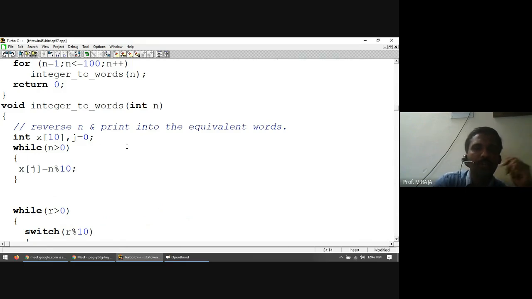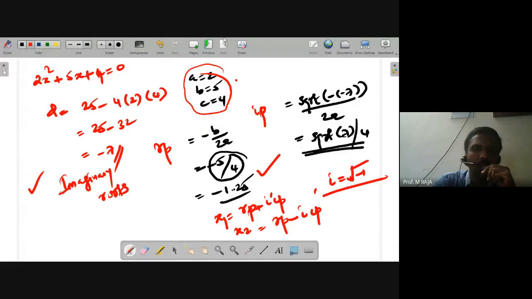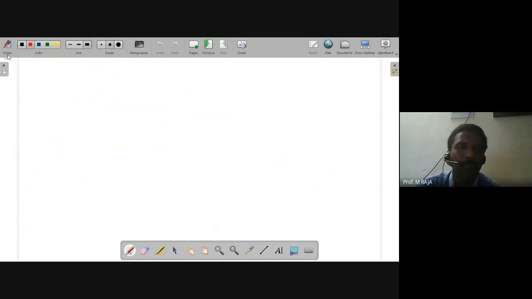Suppose n is 123. 123 mod 10, 3 is extracted, and we are storing this into the zeroth location in the array.